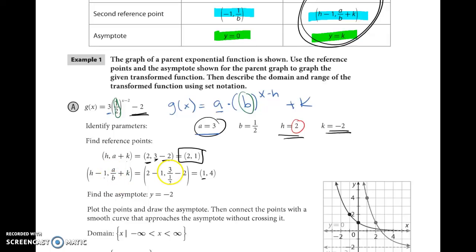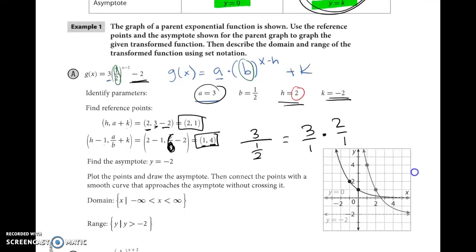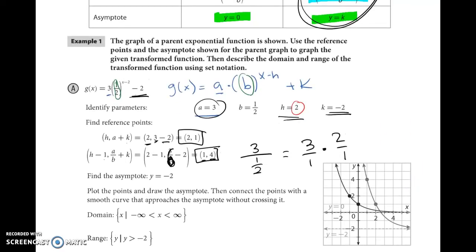And then for a over b, a was 3 and b was 1/2. 3 over 1/2 is the same thing as 3 over 1 times 2 over 1, and that's why we get 6. If this equals 6, what's 6 minus 2? That's 4. So this is my second point we're going to graph. And then the last one is your asymptote, which is just whatever k equals, so it's y equals -2.